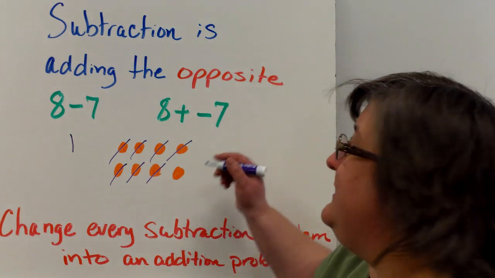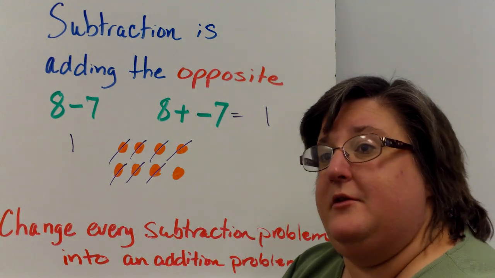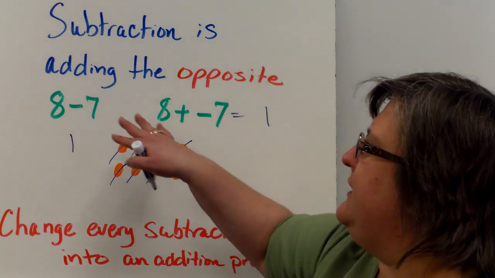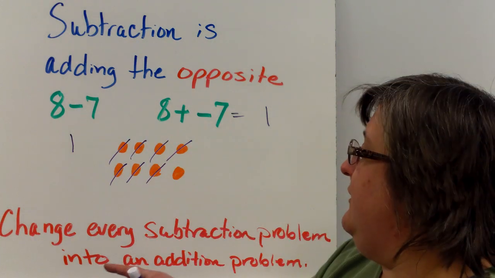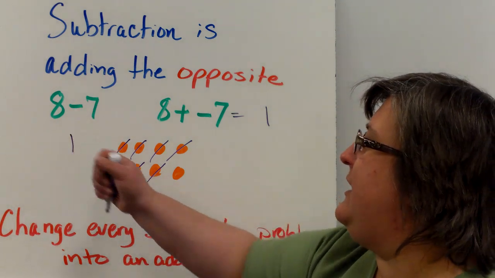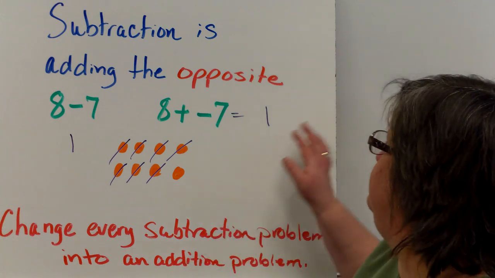The difference between an 8 and a 7 is 1. There are more positives than there are negatives. So again, two different ways to think of the same problem. We can change every subtraction problem back into an addition problem.